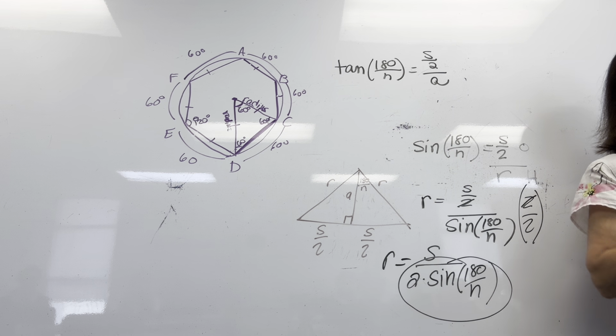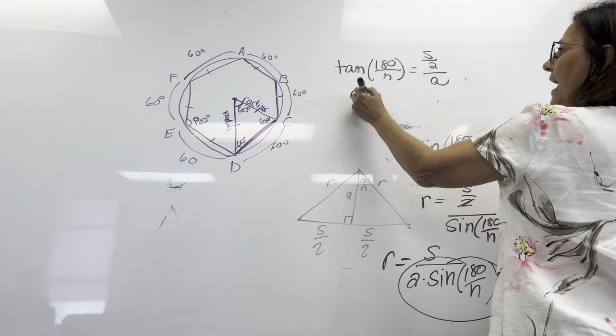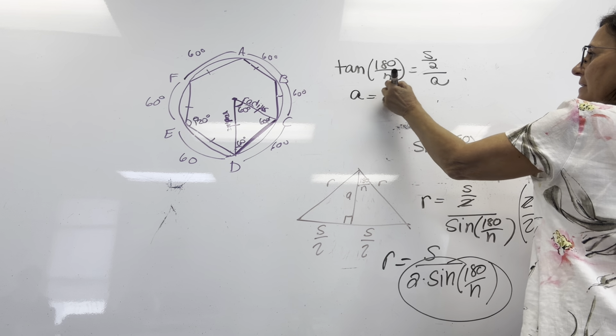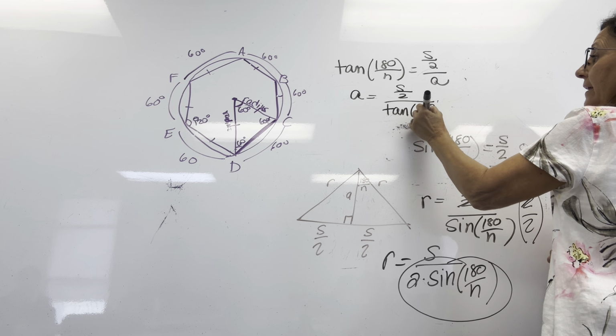Again, I'm going to swap my extremes so that A equals the side over 2 over the tan of 180 over n.